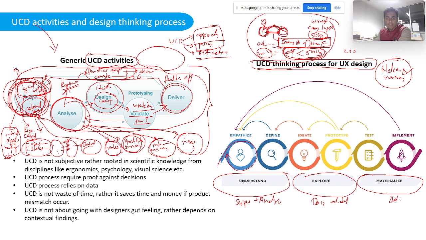define is empathize. So instead of what we said earlier as user study, they said you empathize with the user. That means in the process of empathization, you gather all sorts of information from the user, from the stakeholders, via their actions, via their behavior, via their cognitive process, and try to understand their requirements.